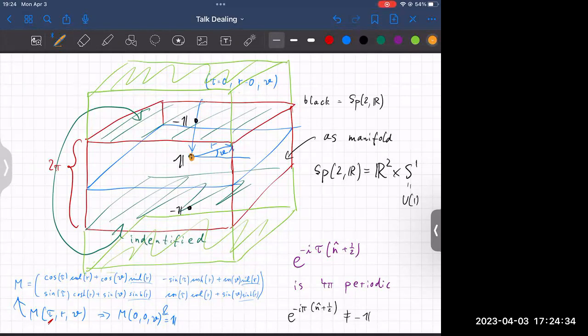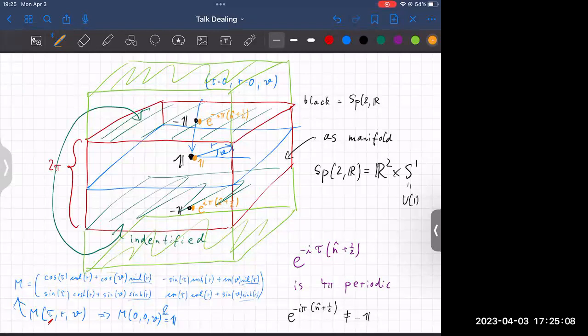In orange, of course, we would still have the identity, but at this point here we would have e to the minus i pi (n plus 1/2). Here we would have a different operator, namely e to the i pi (n plus 1/2), which is different.